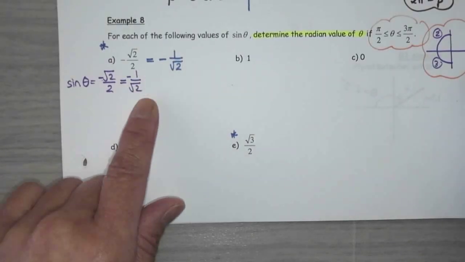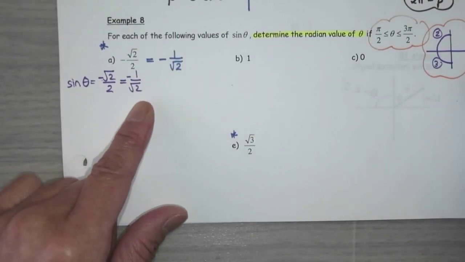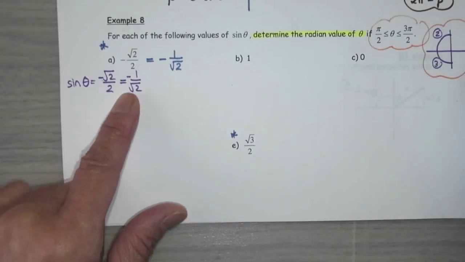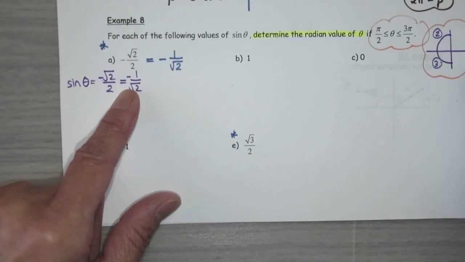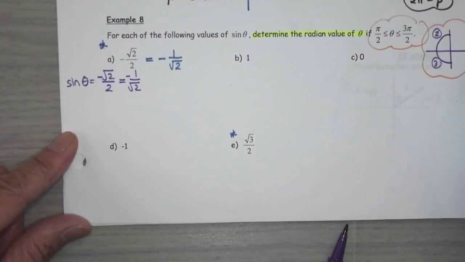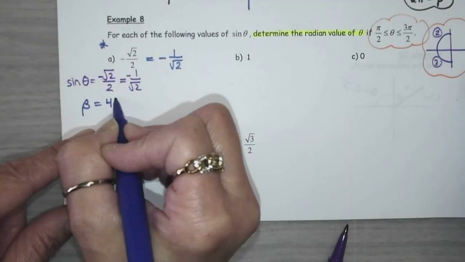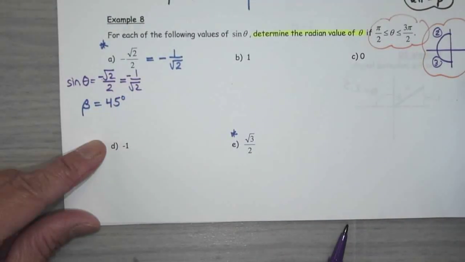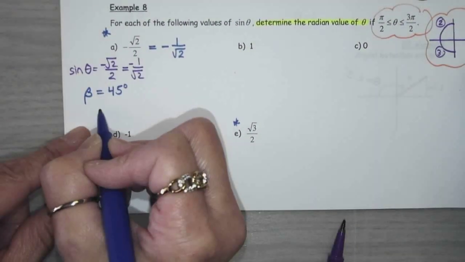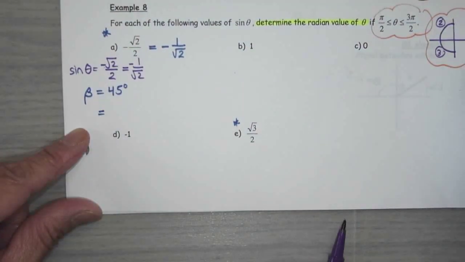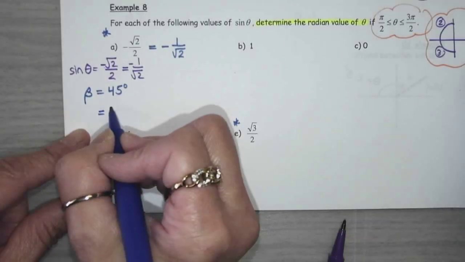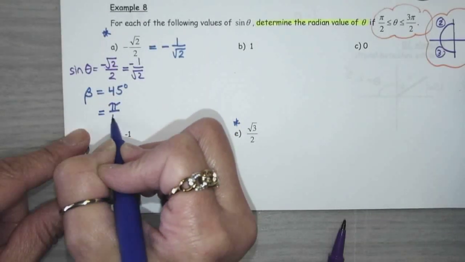If it's opposite over hypotenuse, what angle is that? 45, but it's a negative. So we know that for beta, it's going to be 45 degrees. So you can go, oh, shoot, I did it in degrees. I want it in radians. Can you convert that to radians for me? What's 45 in radians? Pi over 4.